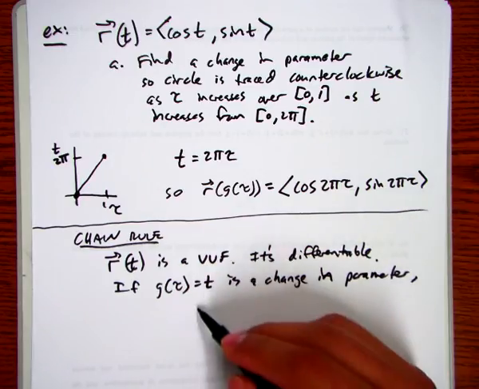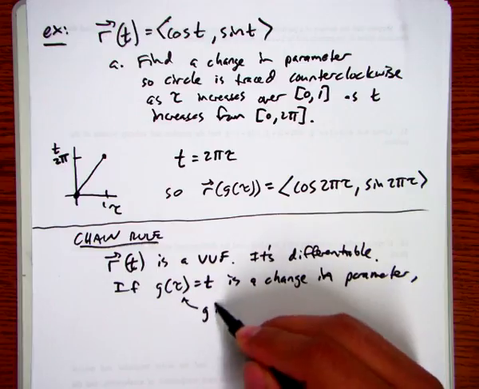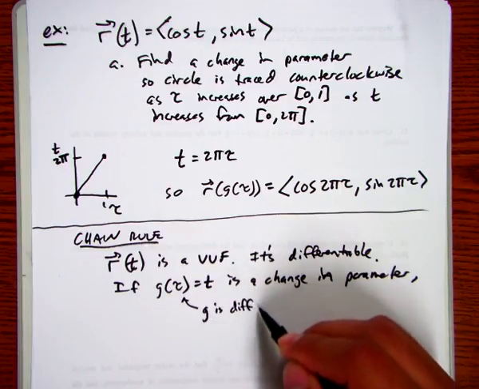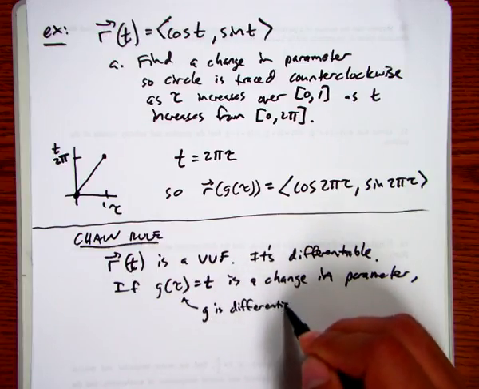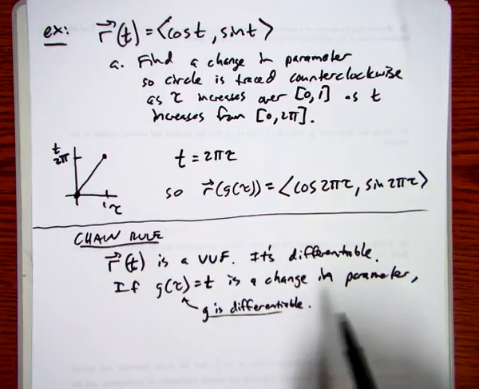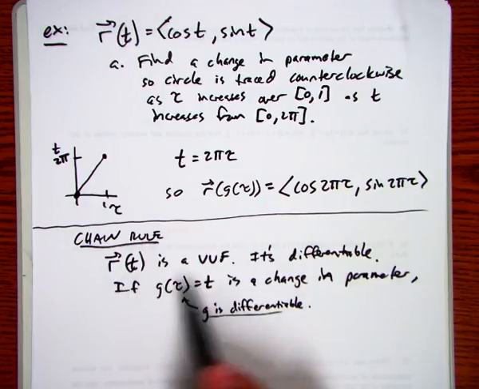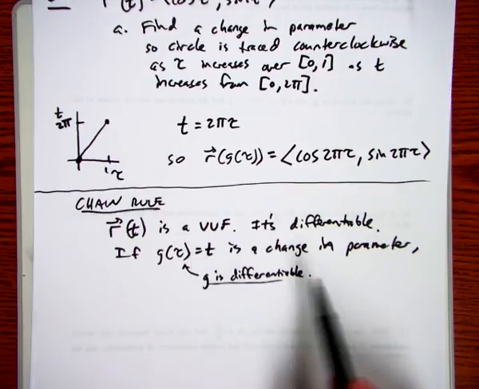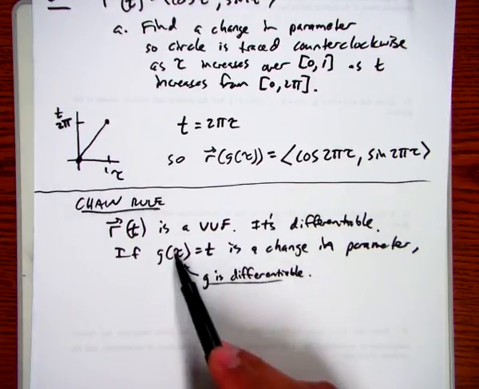And again, g is also differentiable. So we have a vector-valued function that's differentiable. We're using a new general change in parameter function, which is also going to be differentiable with respect to its variable tau.